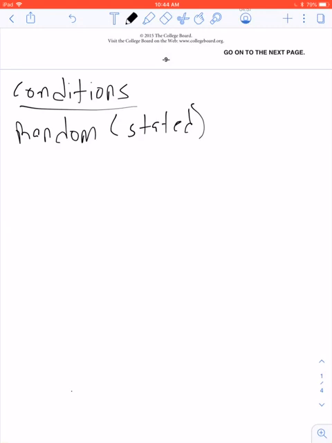The second condition is my law of large counts. And that essentially says that the number of successes and failures in each category needs to be greater than or equal to 10.